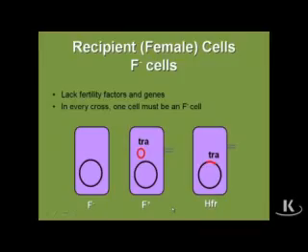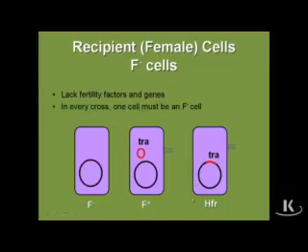Now, I'm going to give you some examples of the cells we're going to talk about for these different conjugal crosses, okay? We talked about male cells, these are the F+ cells. Female cells are called F-, okay? And they do not have the fertility plasmid. Now, there are two types of crosses that you can have, but in every cross, the recipient has to be an F- cell, okay?